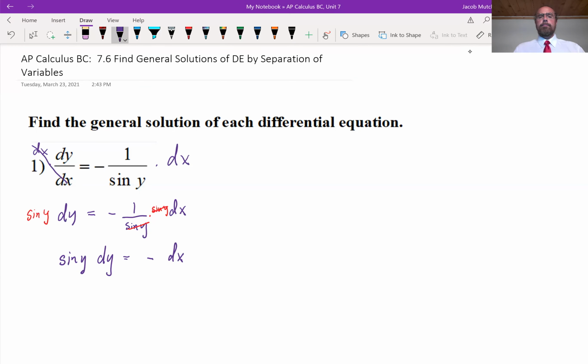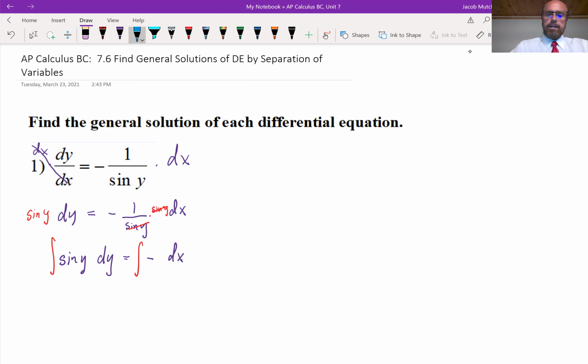Once I've separated my variables, because I am interested in solving for y, I want to integrate both sides of the equation. I want to integrate the left side, which is sine y dy, and also the right side, negative dx. We integrate using our normal integration strategies.